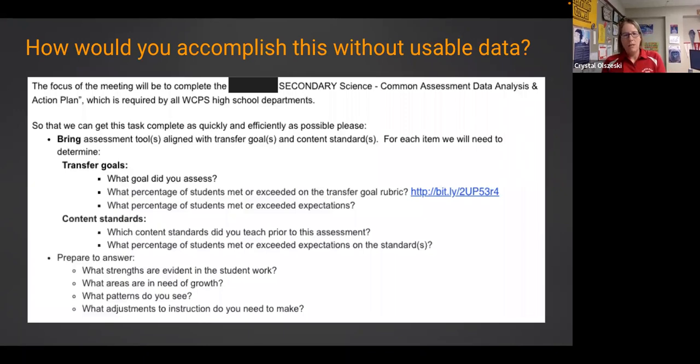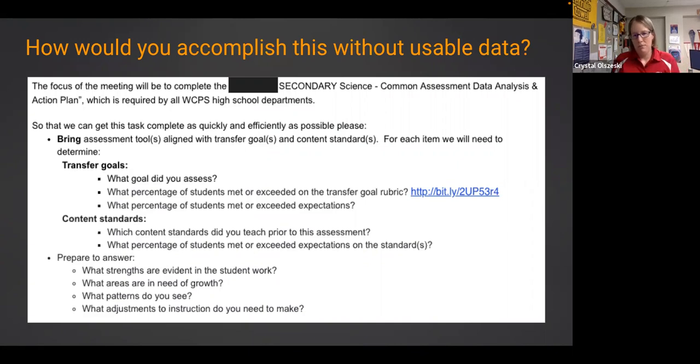So again, this would be an example of a science PLC, like I said, I taught science, and what we were asked to do within that PLC. If you quickly look through here at the questions, as we're bringing our assessment tool aligned with our content standards and transfer goals, it was a lot easier to accomplish this with the data using GradeCam than for teachers in my department who weren't using GradeCam. They had to go back in their grade book and find that particular assessment, and then try to tabulate some data on their own within that meeting.